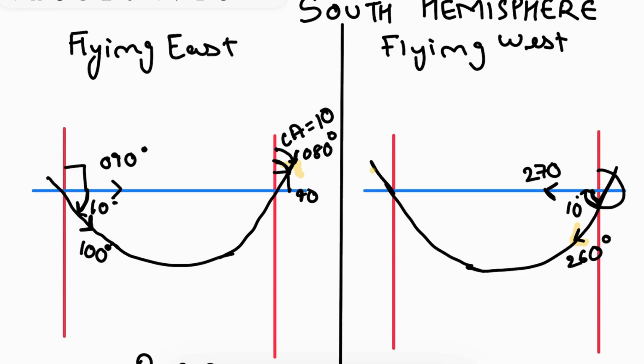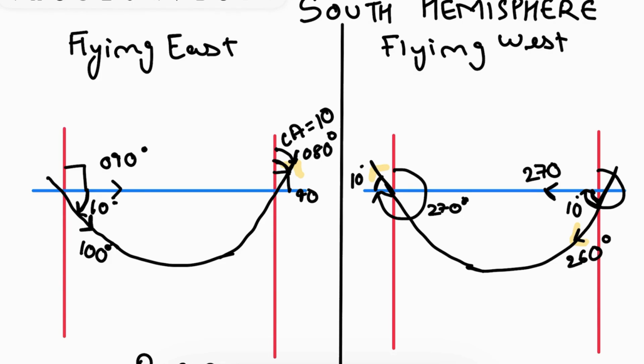And we need to find out the great circle at arrival. We know that this angle is 270, right? And this angle, the angle between the great circle and the rhumb line, is 10 degrees, right? The conversion angle by definition is the angle between the rhumb line and the great circle.